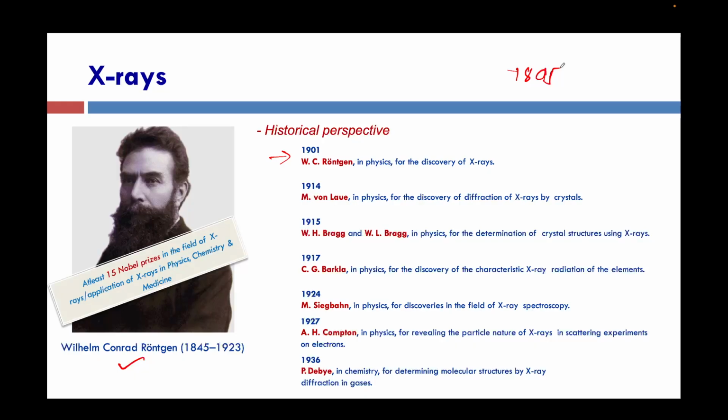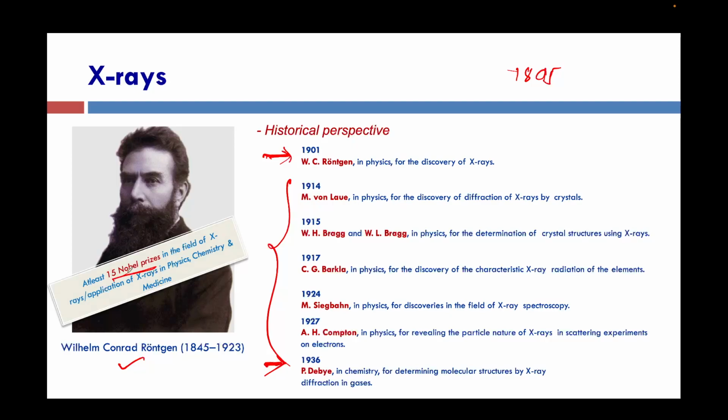And then you can see after the discovery, lots of scientists took interest around Europe and around the world. From 1901 to 1936, within 35 years of the discovery of X-ray, there were 15 Nobel Prizes in physics, chemistry and medicine, whether based on the fundamental understanding of X-ray or on how the applications of X-rays are generated.